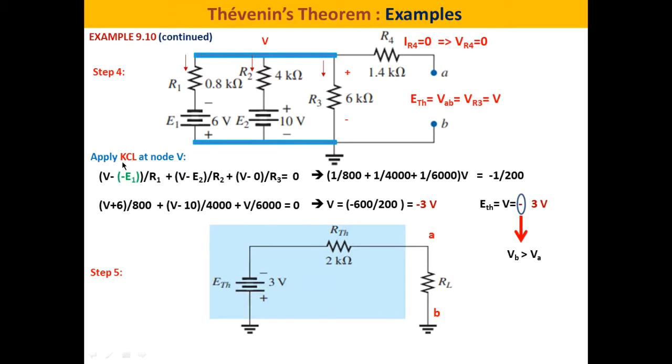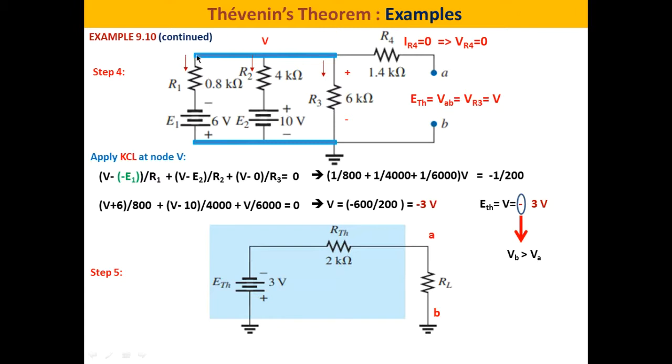So we will apply the nodal analysis technique. Let's apply the Kirchhoff current law at node V. To do this, we have to consider that all the currents are leaving the node, except those currents which are determined by the current sources. Here we don't have any current source connected. So we consider that all the currents are leaving the node. And then we apply the Kirchhoff current law.